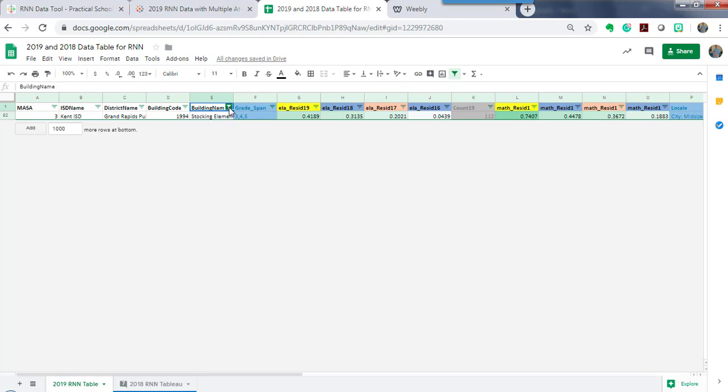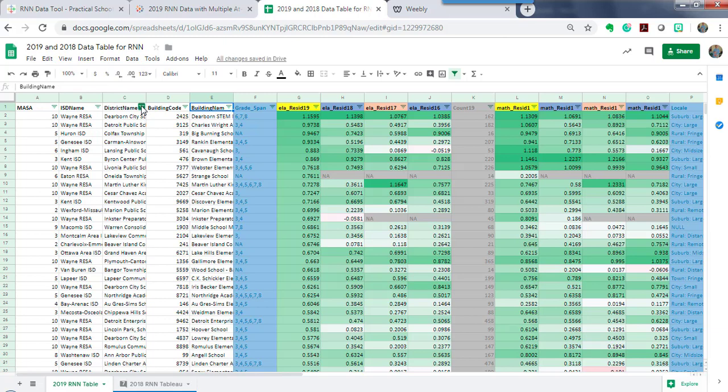In addition to looking at a building, we can also look at a district, ISD, or a region.